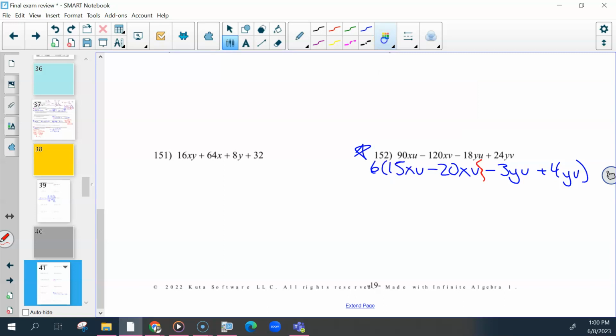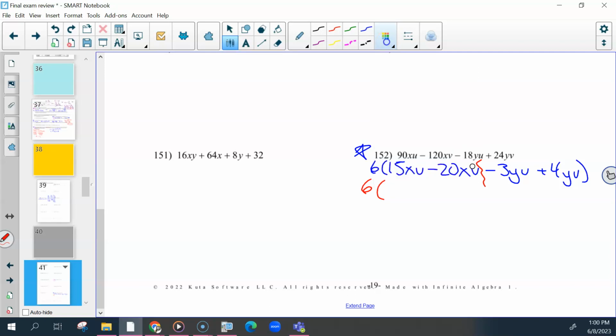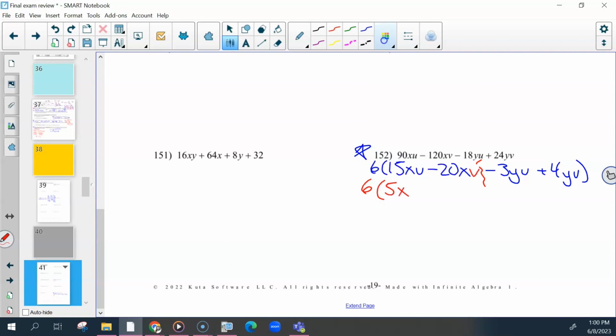Then split the middle. And you're looking for the GCF of the first two. What do those have in common? 5 and x. Take out 5 and x, divide that from both of them, see what's left.